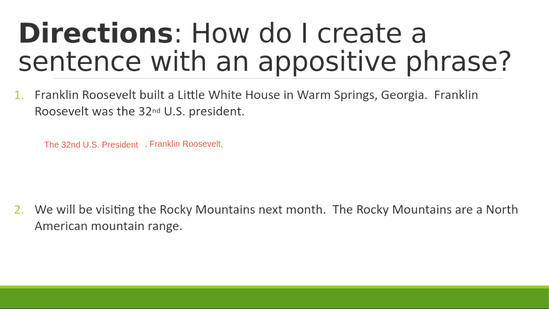Built a little White House in Warm Springs, Georgia. And what I have done is I have taken 2 simple sentences, combined them together, and used an appositive phrase to help give more clarity and more detail to the sentence.